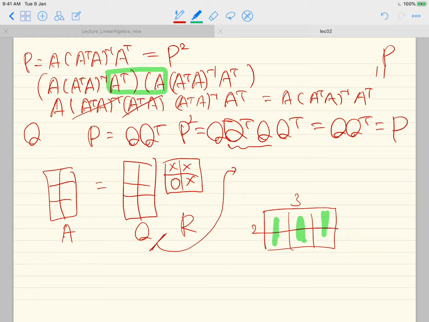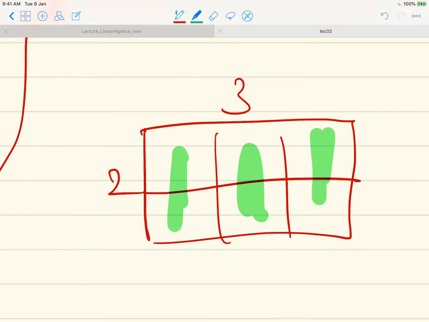In this case, these 3 vectors are living in 2-dimensional space, and in 2-dimensional space we can extract at most 2 linearly independent, or 2 orthonormal, columns. So we are given 3 vectors in the smaller 2-dimensional space, and thus we cannot have orthonormal columns in this form.